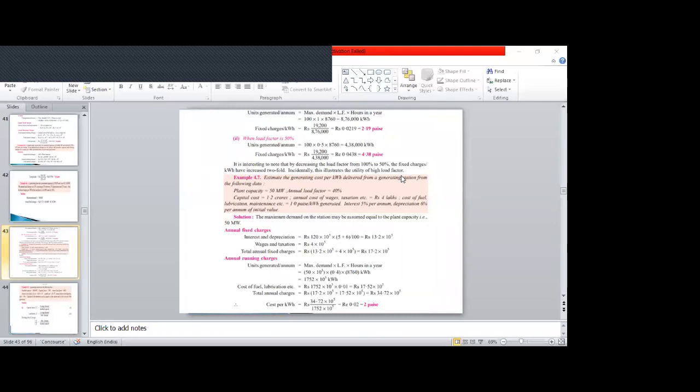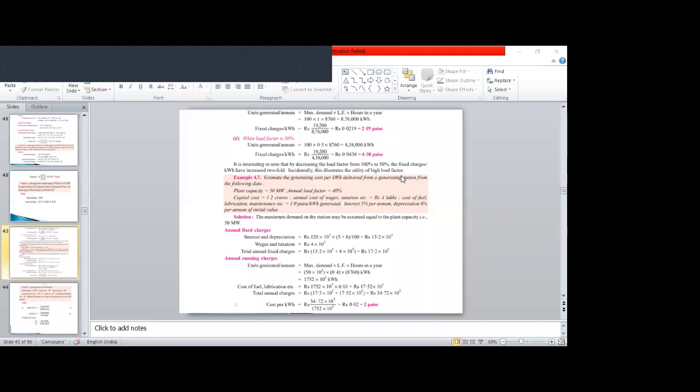Depreciation is 6% per annum of the initial cost. So you should remember here, interest and depreciation will come under fixed charges, whereas wages, taxation, and then cost of fuel, lubrication, all should be considered under running charges. So this we have discussed in the theory part.